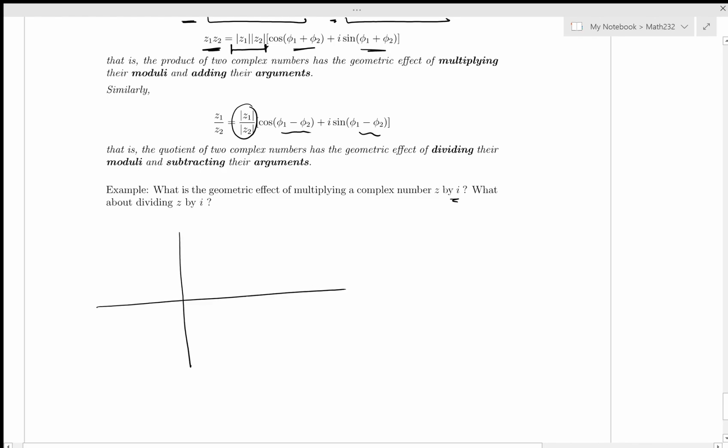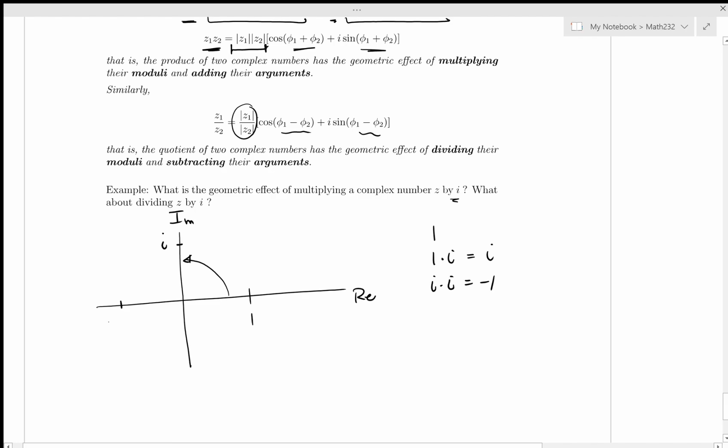Let's take the number 1 and multiply. We're starting here with 1, and then we're taking 1 and multiplying it by i, giving us i. We're here, because that's where i is. This is the real axis, and this is the imaginary axis. So the effect here was to rotate by 90 degrees. Now I take i and multiply it by i, and I get minus 1.